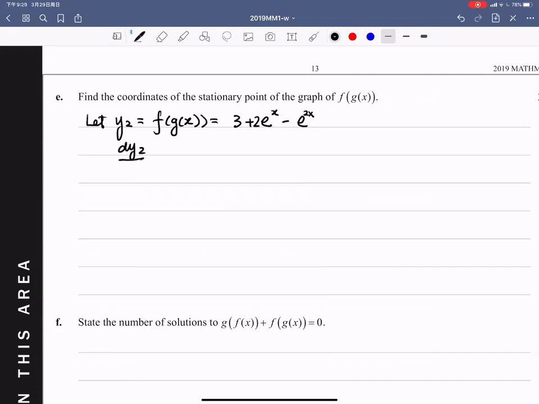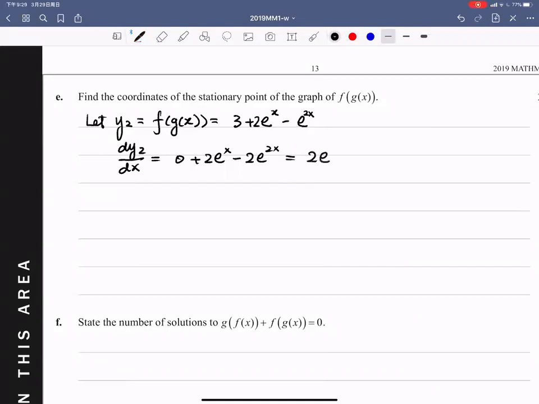So dy2/dx equals 0 plus 2e^x minus 2e^(2x). Okay? Don't you ever dare to write down -1 here. No, it's not a power function.